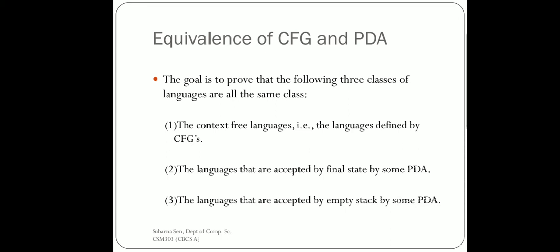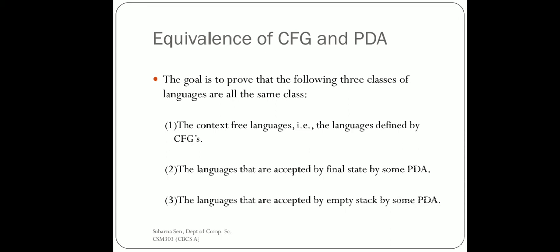If you remember, in our previous two lectures we have already proved that these 2 and 3, the language accepted by final state in a PDA and the language accepted by empty stack of some PDA, are equivalent.